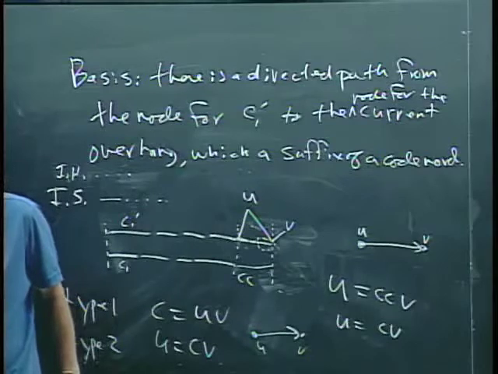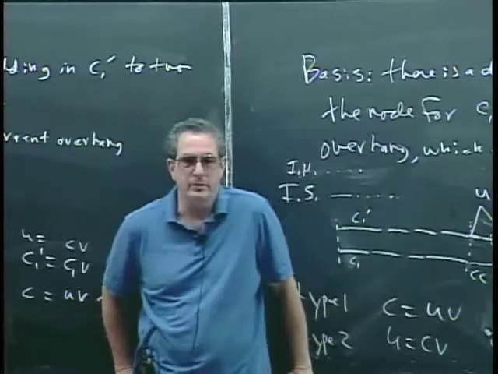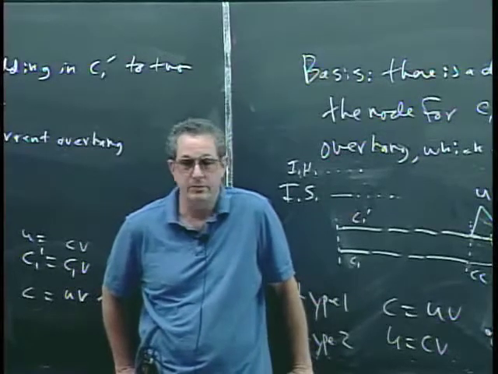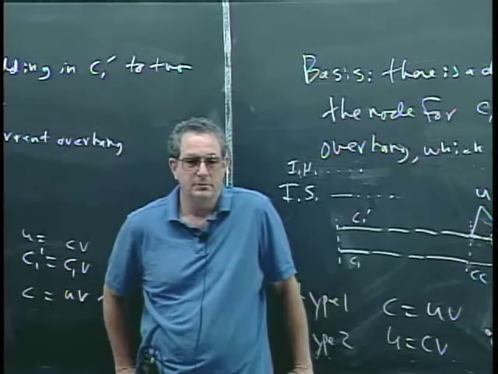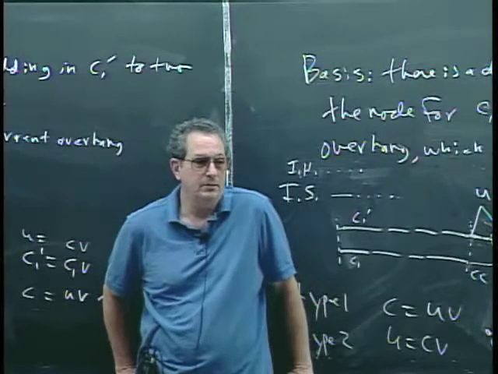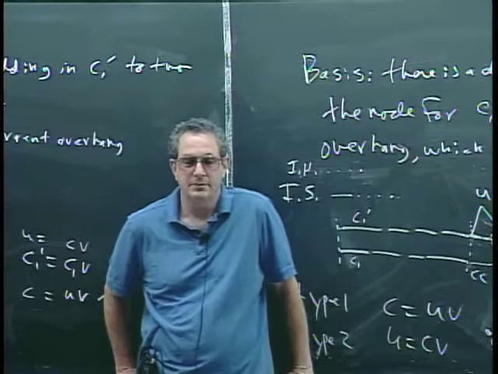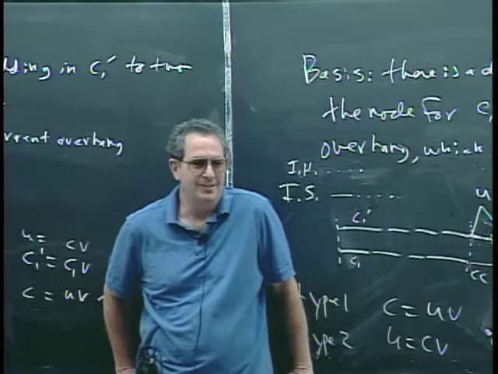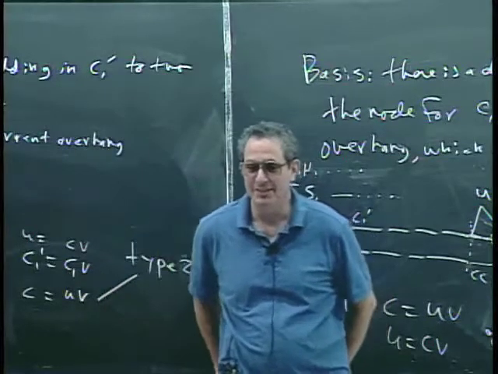Or maybe I should make it a little bit weaker: is it true that there always exists a path that ends with a type 2 edge? Anybody have an answer to that? Anybody have a question about that?